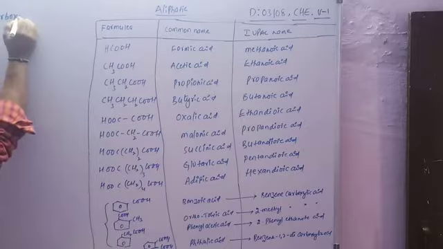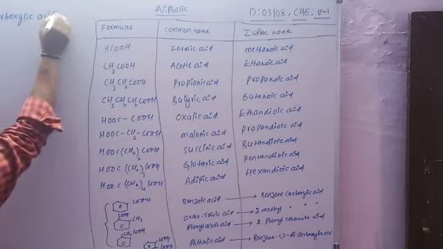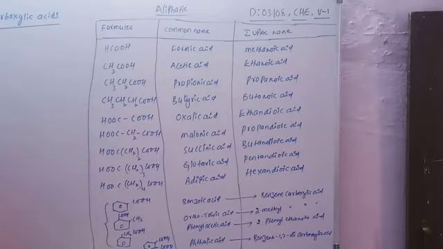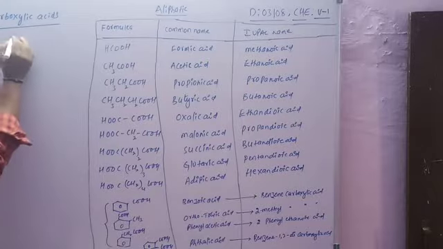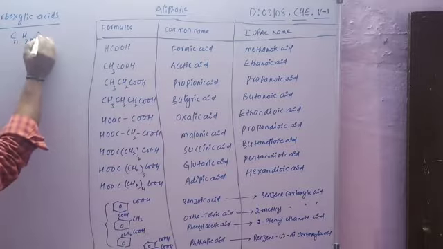What is a carboxylic acid? Okay. So now, generally, the general formula of carboxylic acids is CnH2nO2.